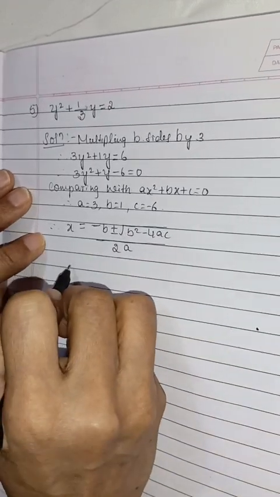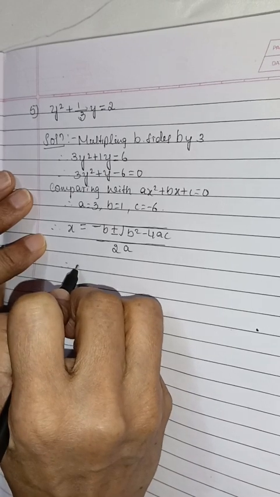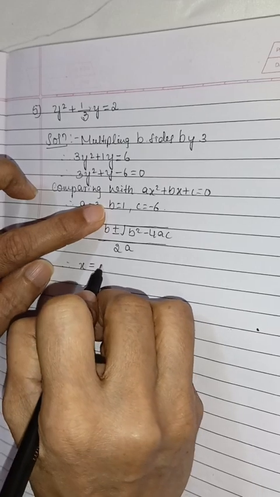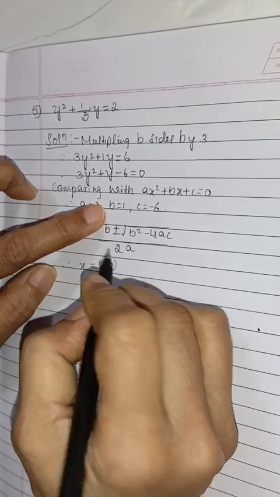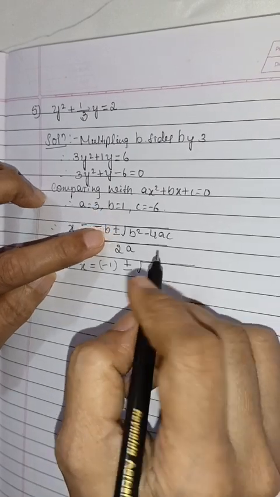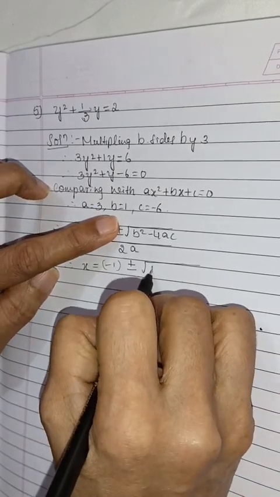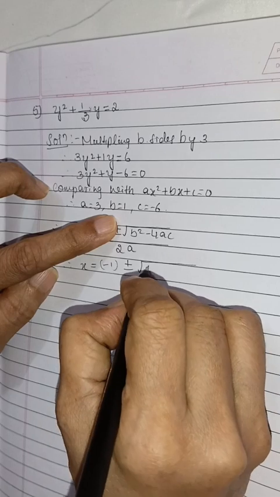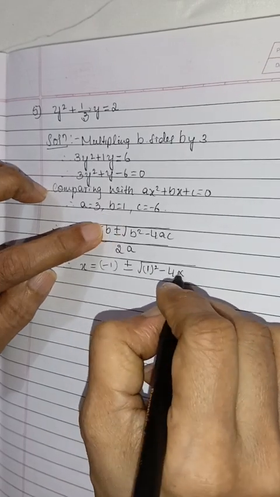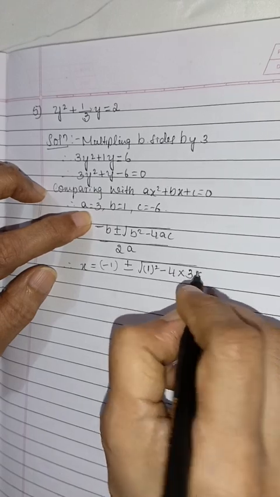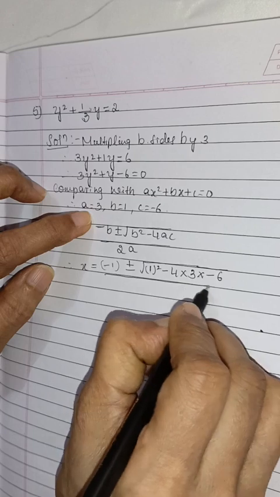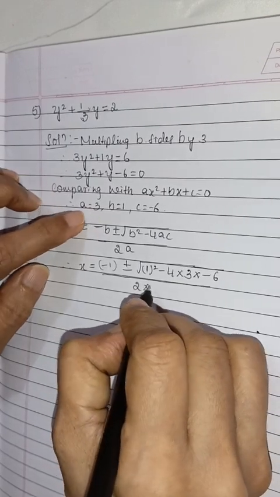Okay, therefore x is minus b is minus 1 plus or minus square root of b square, 1 square is 1, okay, write like that, minus 4 multiplied by a is 3 multiplied by c is minus 6 divided by 2 multiplied by a is 3.